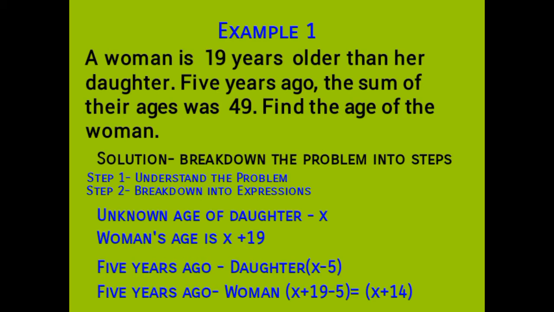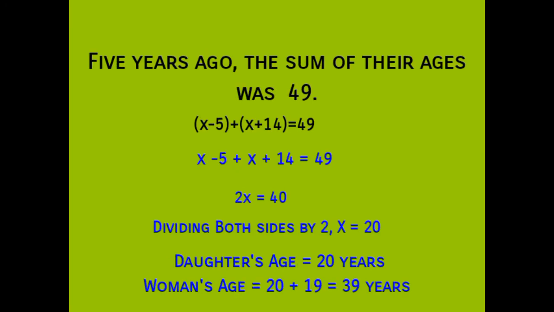5 years ago, the daughter's age becomes x minus 5, while the woman's age, which was initially x plus 19, becomes x plus 19 minus 5. That gives us x plus 14. And the second part of the statement says 5 years ago the sum of their ages was 49.